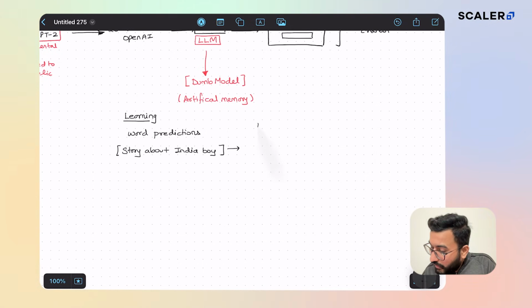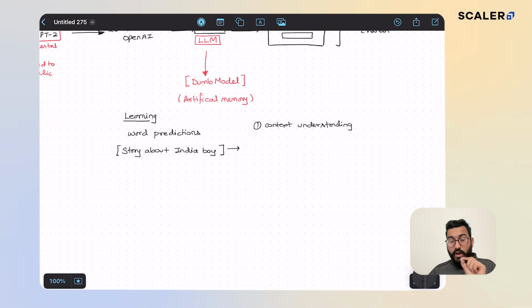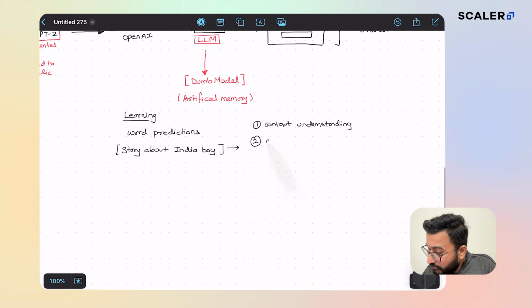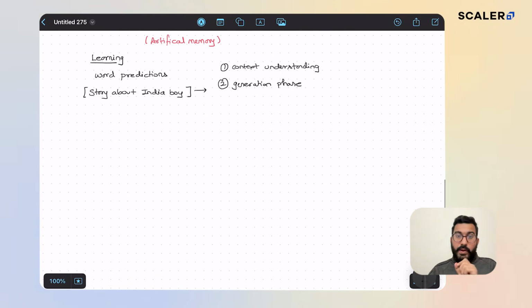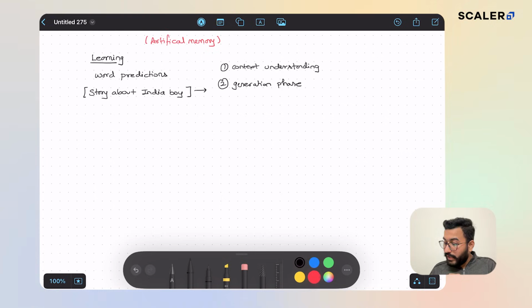So step number one is known as context understanding, which basically means ChatGPT will understand what actually has to be done: that there has to be a story written about an Indian boy. Once it is done, it will go into the generation phase.